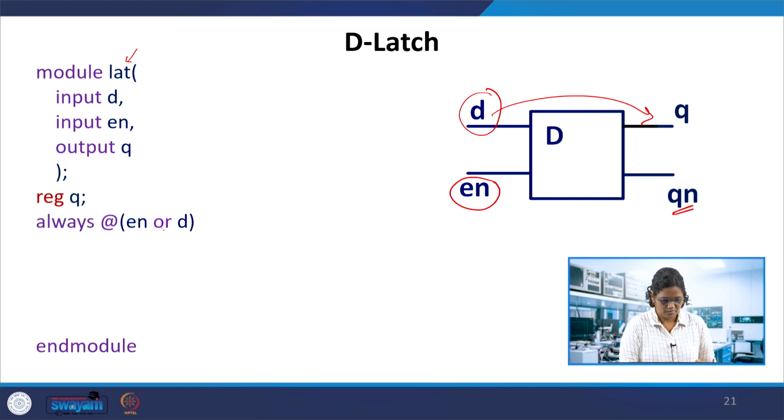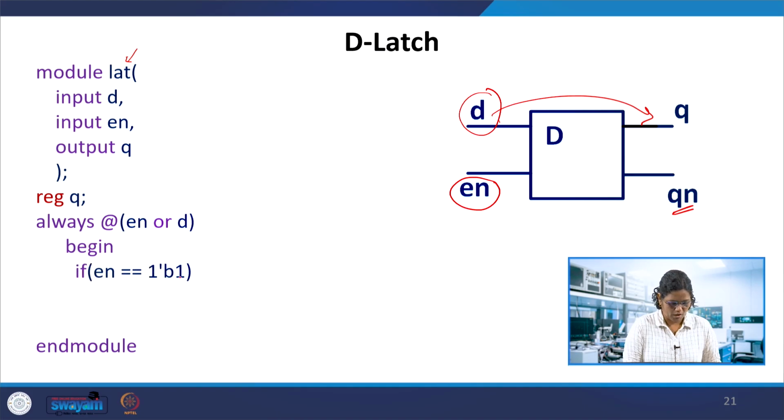You can see whenever there is a change in enable or D, the sensitivity list contains all the inputs here. Whereas in the synchronous reset we didn't have reset to be checked independently, here any change in enable or D begins the block.